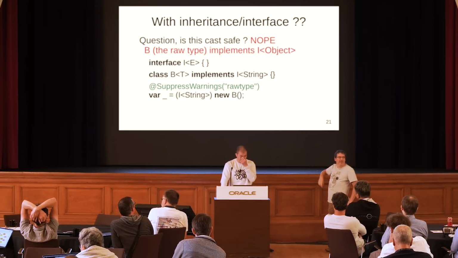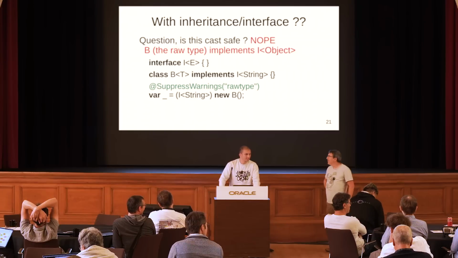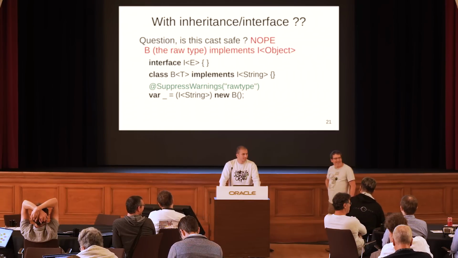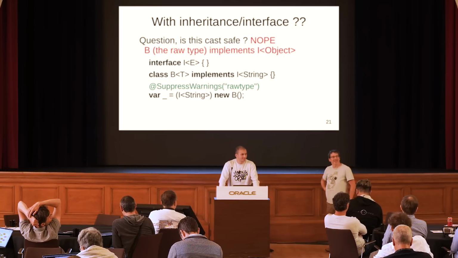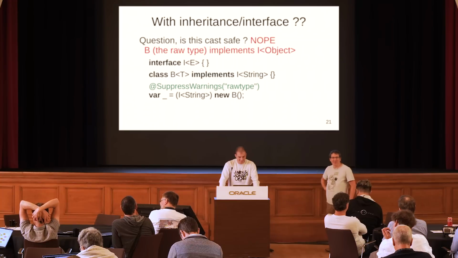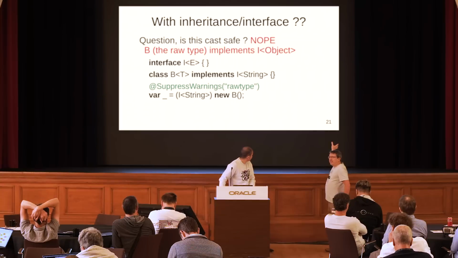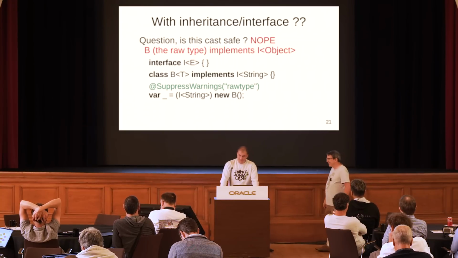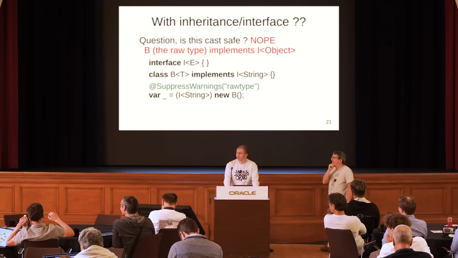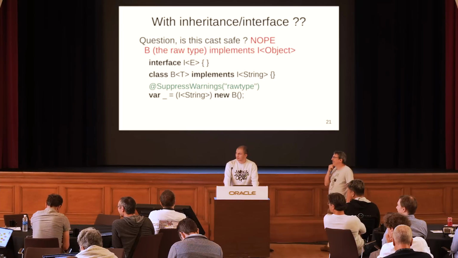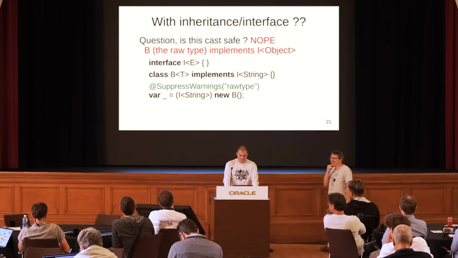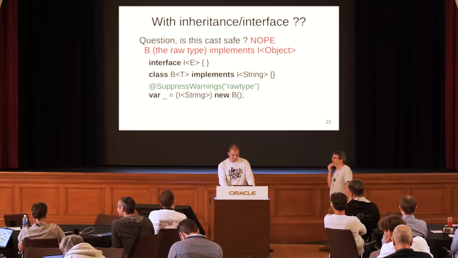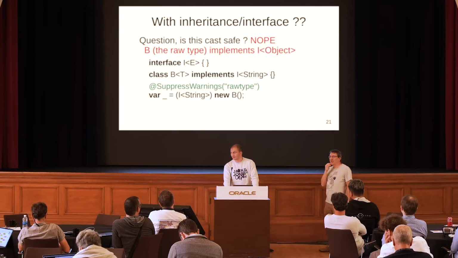Even if, yes, B of anything implements I of string, it's not what the specification of Java says. I mean, this is what is written in terms of code here, but it's not how Java works. One question: if the type is B wildcard, then it's I string, right? Yes, if it's a wildcard, yes. But if it's a row type, no.